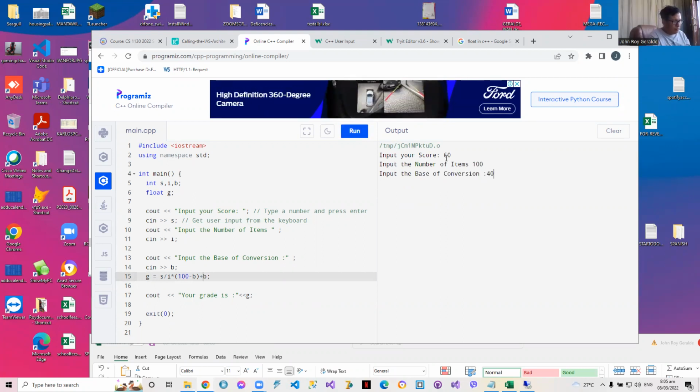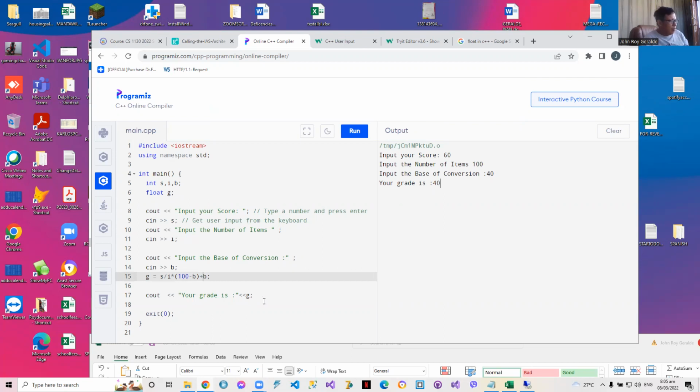The base of conversion is 40. 40 pa rin yung grade. Bakit? Score over items times 100 minus B plus B. Anyone?